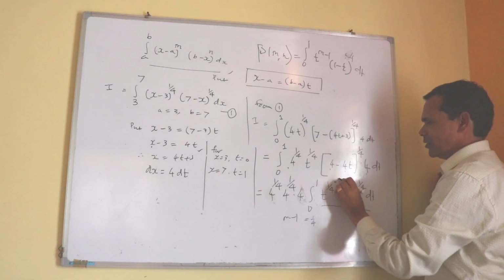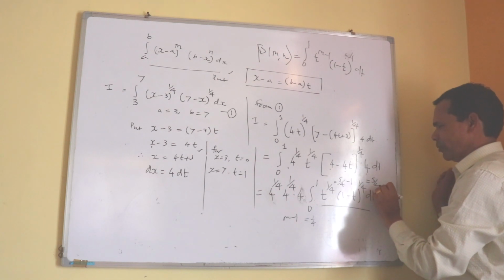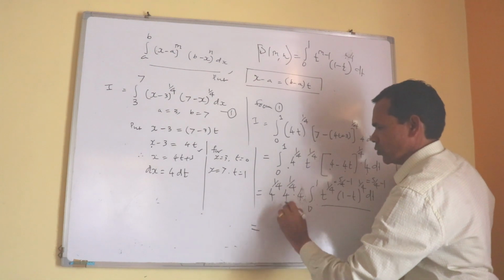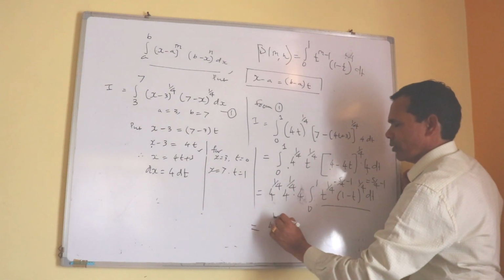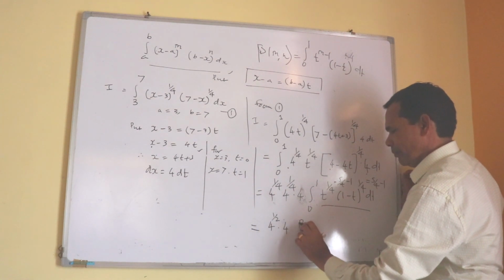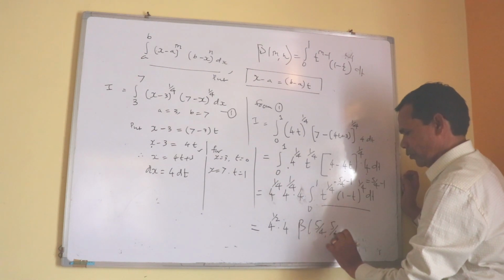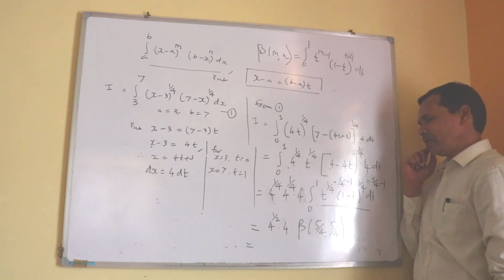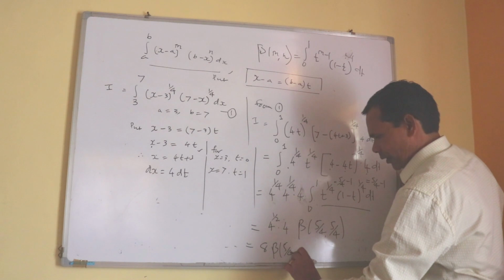So I can write this as 5 by 4 minus 1 and this also 5 by 4 minus 1. So this is equal to 4 raised to 1 by 4 plus 1 by 4, that is 1 by 2, multiplied by 4, beta of 5 by 4, 5 by 4. If you simplify this, it is 8 times beta of 5 by 4, 5 by 4.